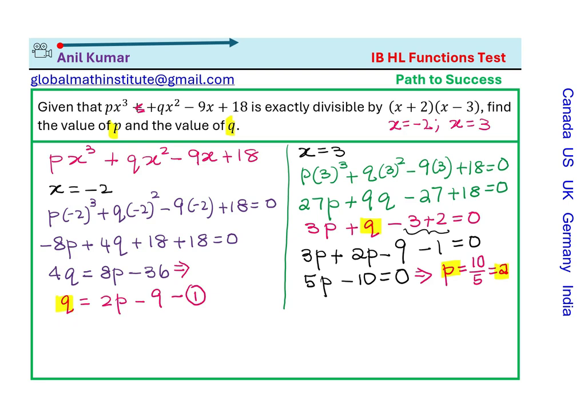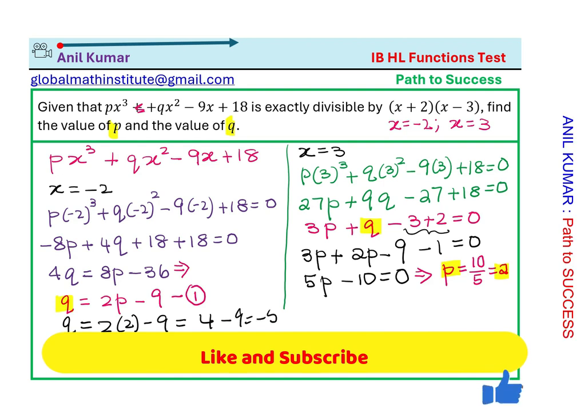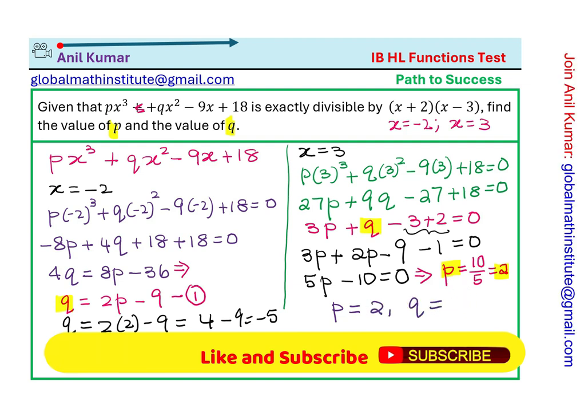We can now go to our equation number 1, substitute the value right there, right? So q is equal to 2 times 2, the value of p which we just found, right? Which is 4 minus 9 or minus 5. Perfect. So we get our solution, and which is p equals to 2 and q equals to minus 5.